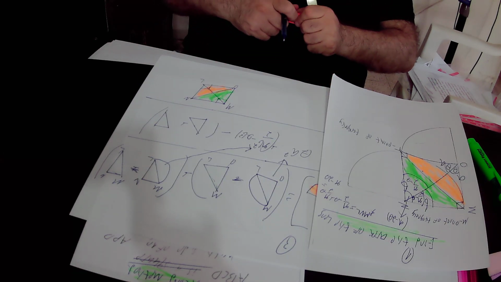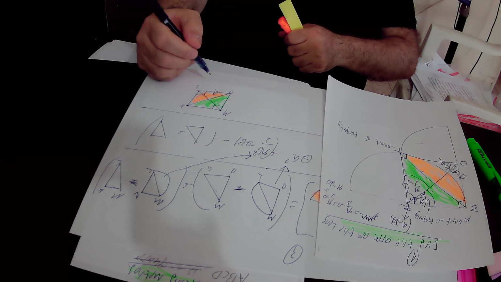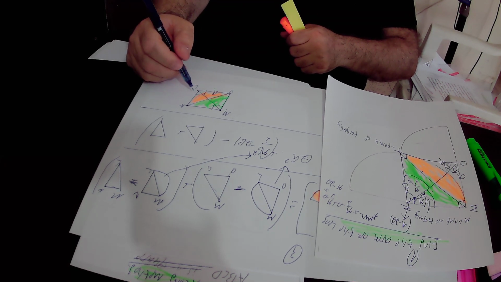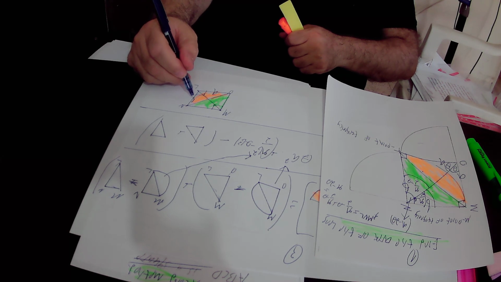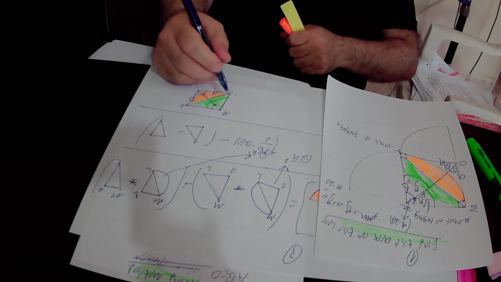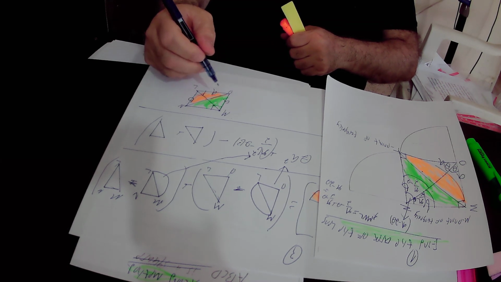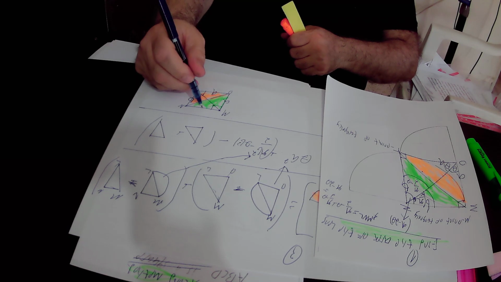So you know that OL equals A units and LN equals B units, while MO equals A units and MN equals B units.